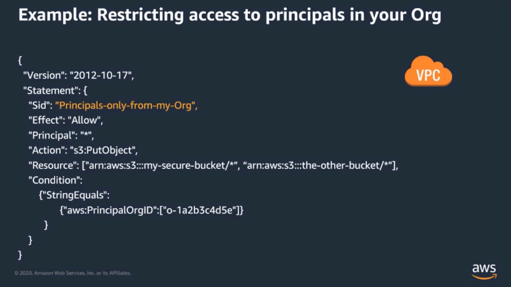So we're going to allow put to these two buckets, but we have a condition of string equals aws:PrincipalOrgID, O-1A2B3C4D5E. So anyone who is in our org will be allowed to put objects to these two buckets.